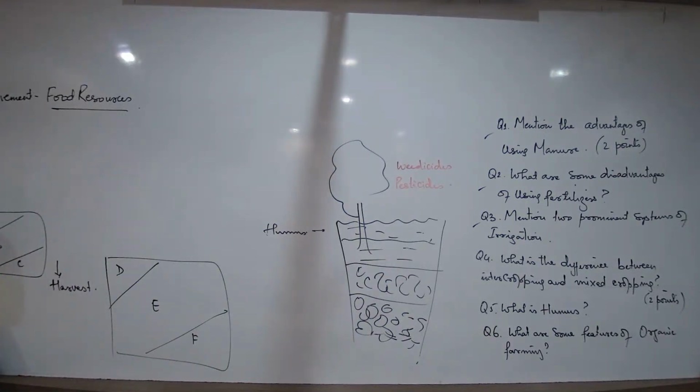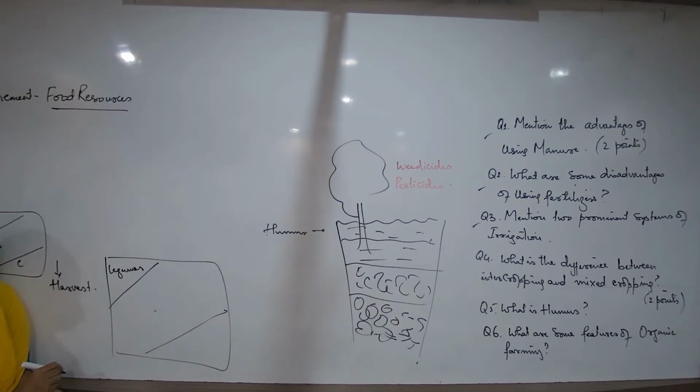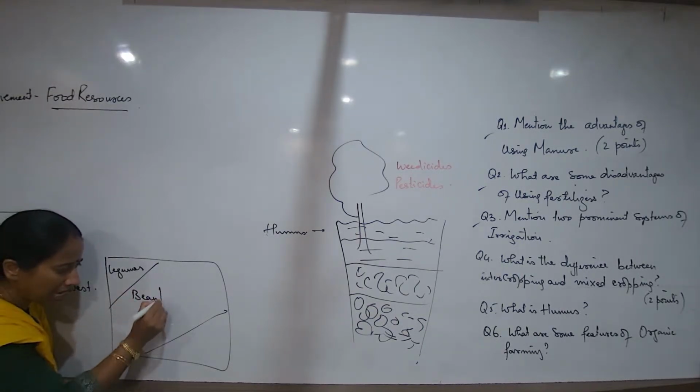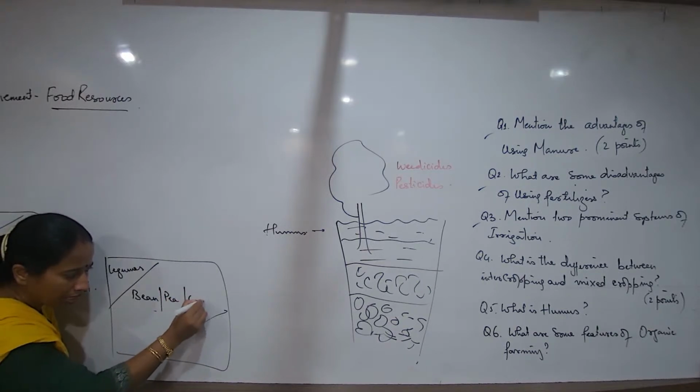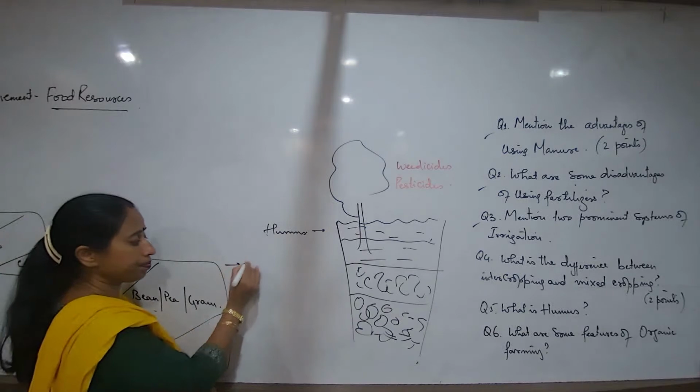So most of the time what they will do is use fertilizer. But in a lesser proportion, some farmers, instead of applying fertilizers and growing another 3 types of plants, grow only 1 type of plant: legumes. What are legumes? Legumes are plants like beans, pea, gram or lentils. These are called legumes. What is the special property of the legumes? Who remembers? Yes.